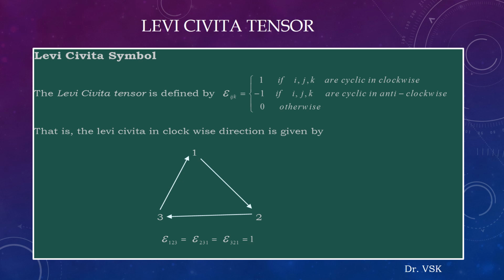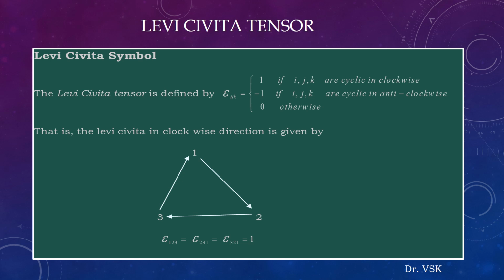If you start at 2, you have to go in a clockwise direction, 2 to 3 and 3 to 1. So epsilon suffix 231 also equals 1. If we start at 3, we have to go to 1 and then to the number 2.